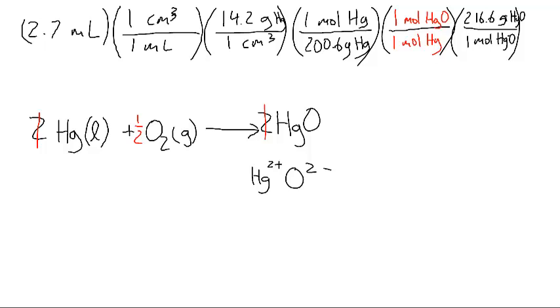And my mathematical answer is, sorry, 41.4 grams of HgO. All right. So that's our process. Get to moles, moles of one thing, moles of the other. Get to the quantity you're asked about.